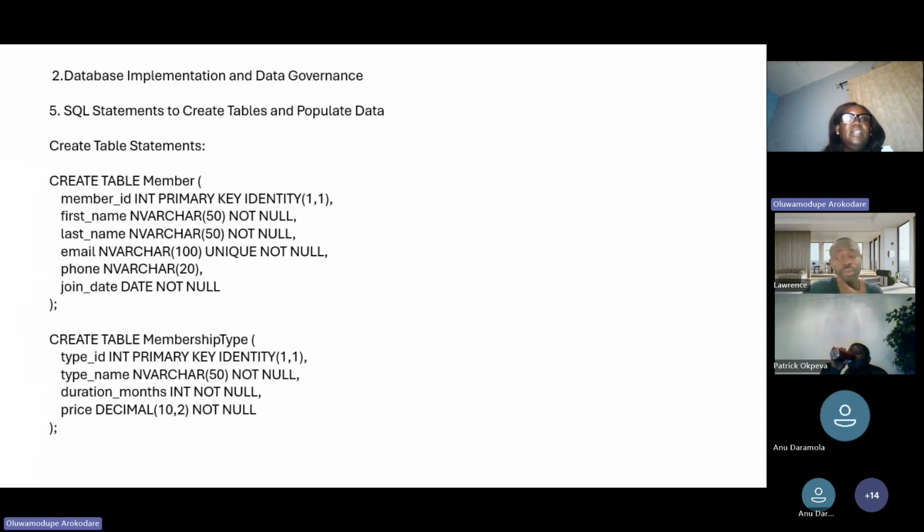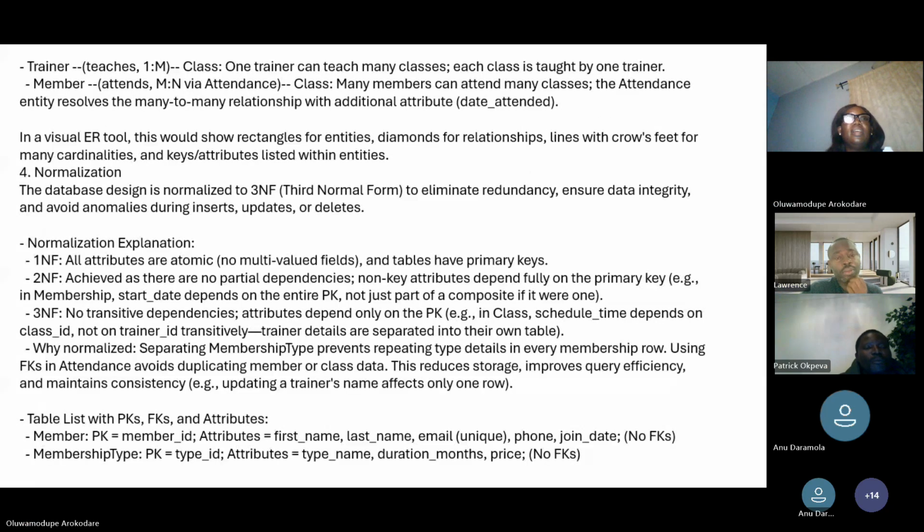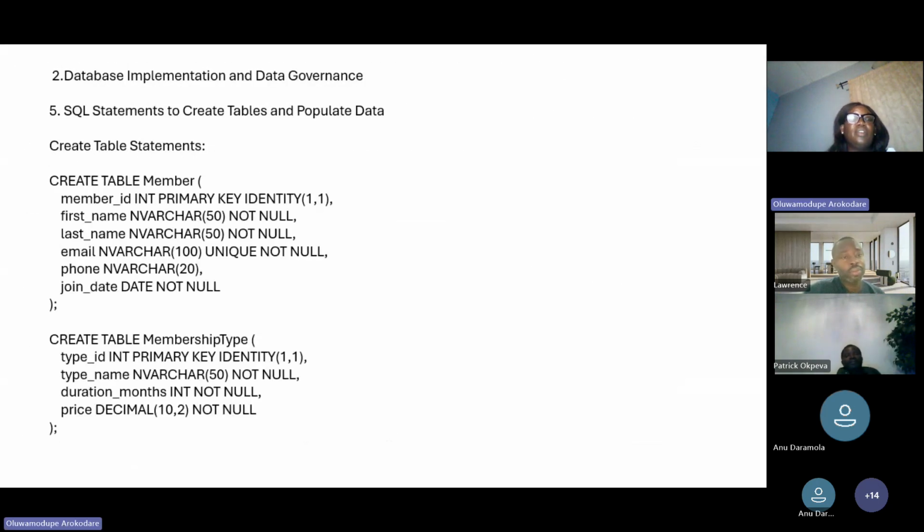So you have 3 minutes more. You can leave all of this and go to the main one. Yeah. So now, based on the information I got from the members, I've been able to create tables, and these are the table statements I created.